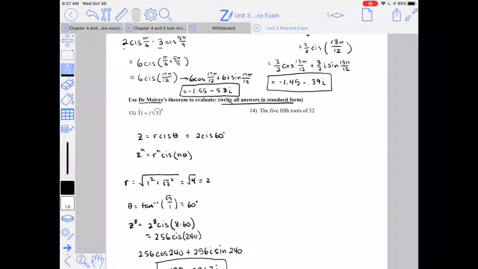Okay, question 14. Now we're using De Moivre's theorem to find roots. So it's slightly different than the version of the theorem that we just used to find a power. So if we want to find the fifth roots of 32, and we have z equals 32, that's our complex number there.